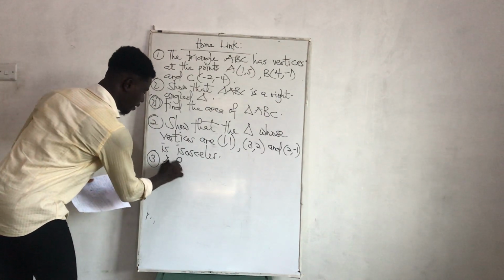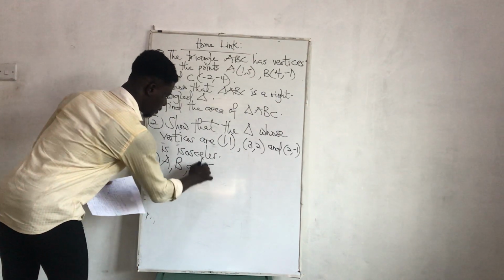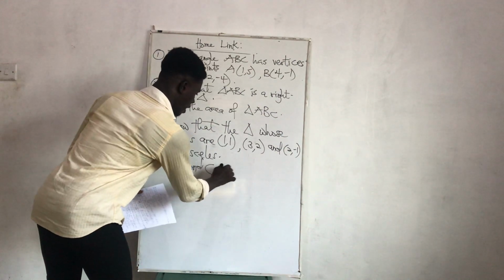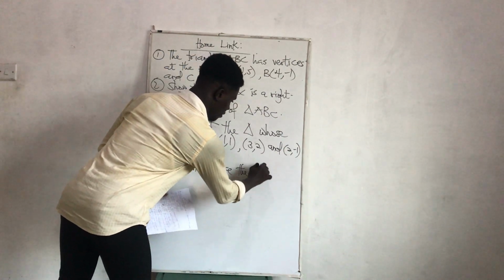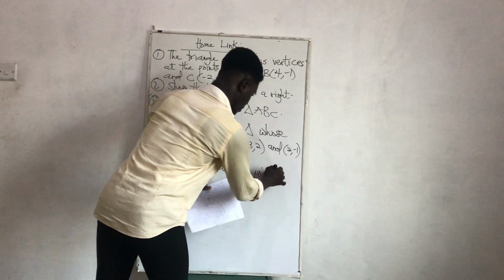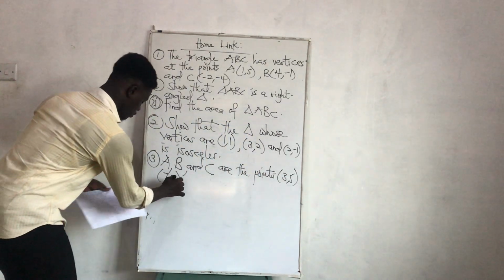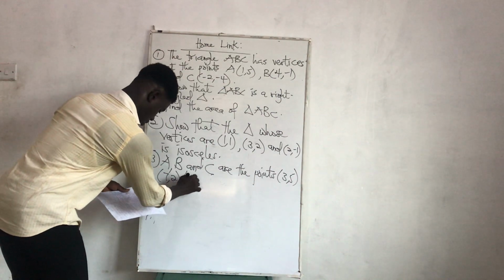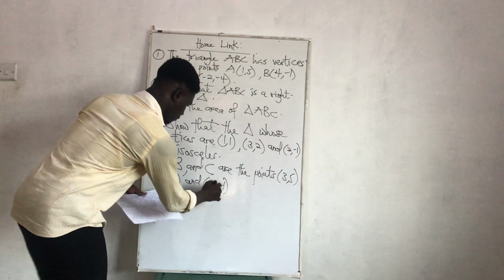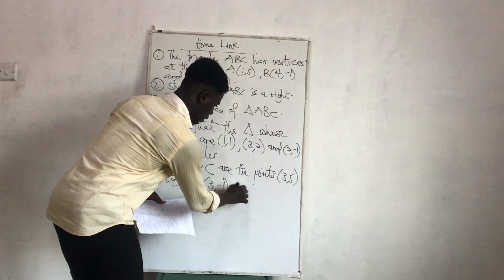Then the last question. A, B, and C are the points (3,5), (7,2), and (3,-1) respectively.